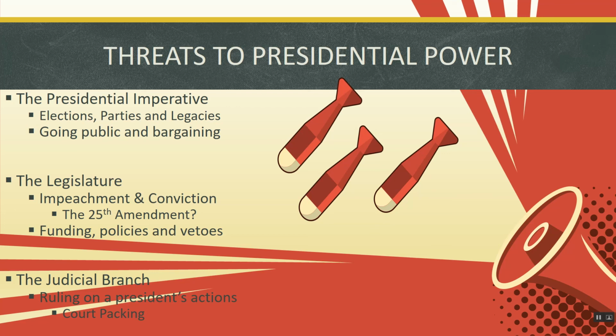And what we're going to find is that just like anyone else in our country, if the president is formally charged with a crime, he gets a trial. That trial takes place in the Senate.